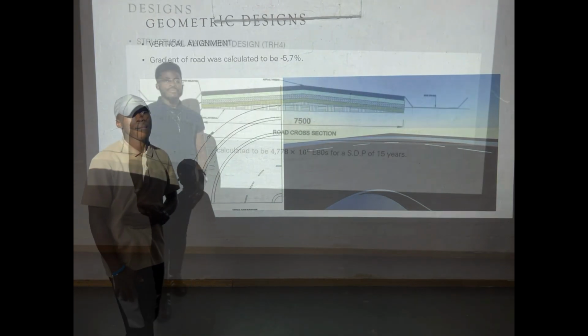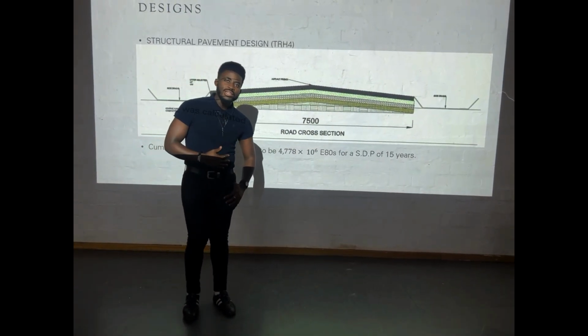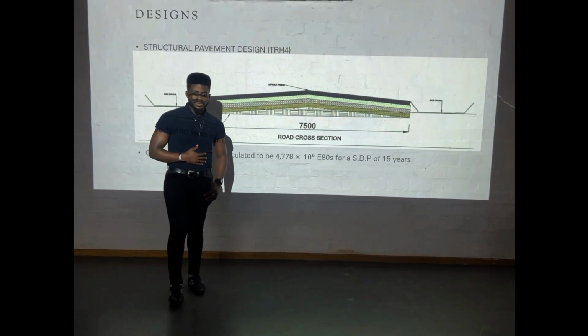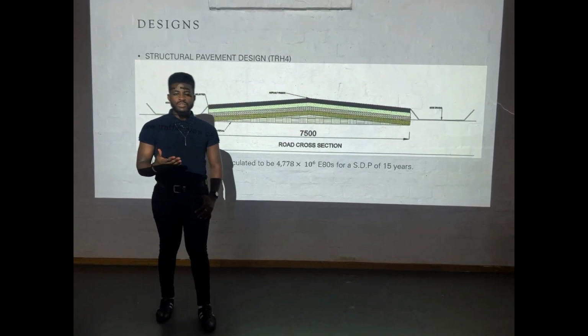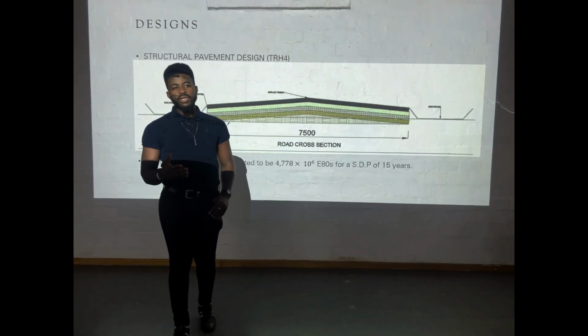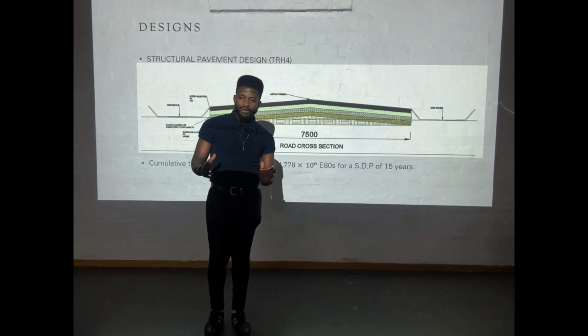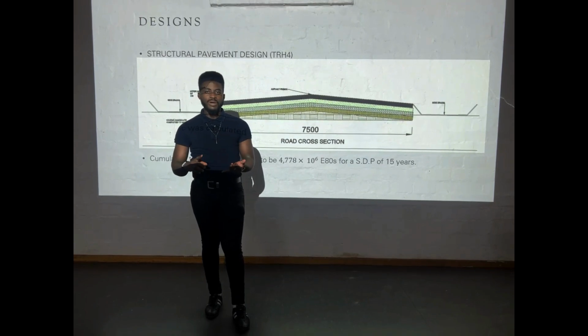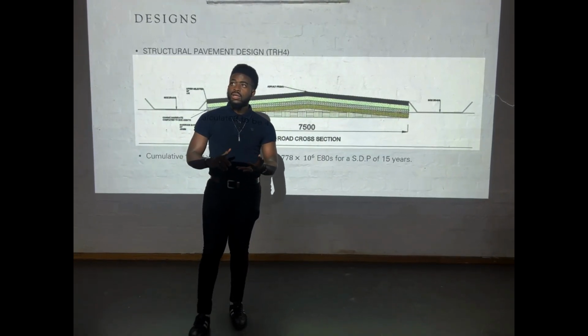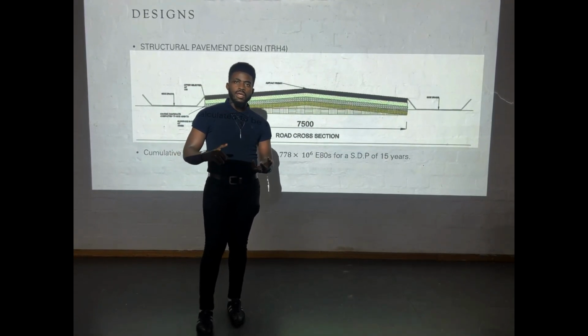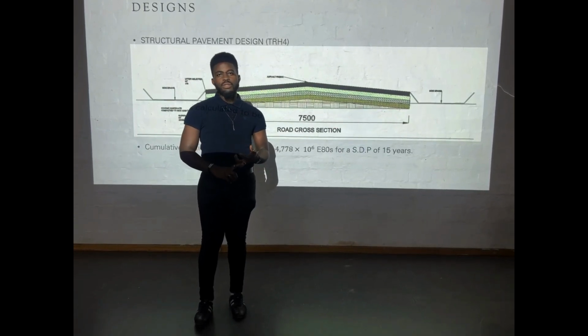So now looking at the structural design of our road, we were able to do a traffic count of the residential road and also make assumptions due to the development of the road that it will be occupied by heavy motor vehicles, commercial vehicles, and also personal vehicles.